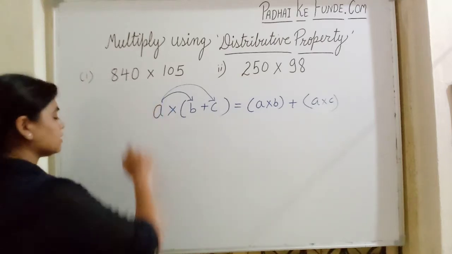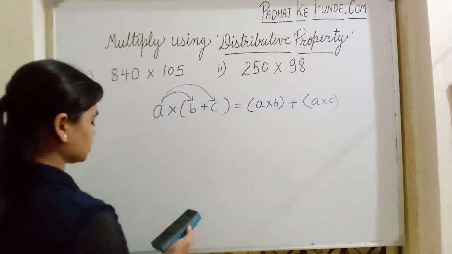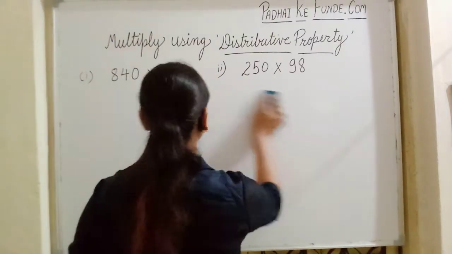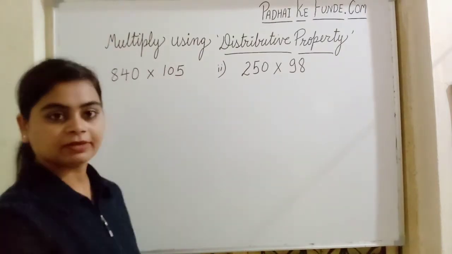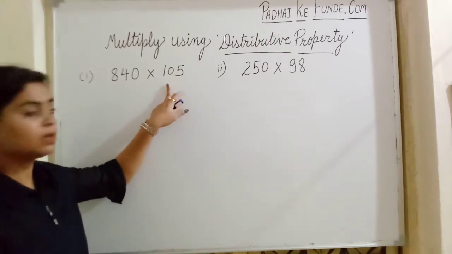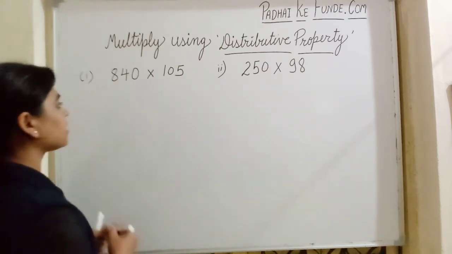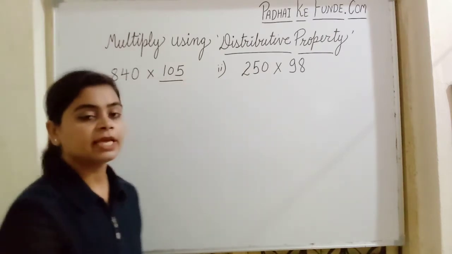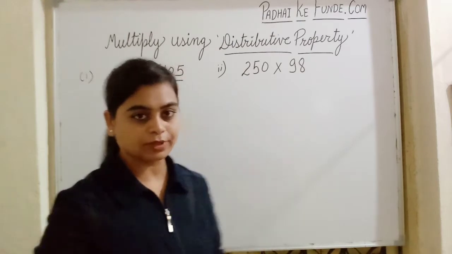So as we solve the first question, we can see we have two numbers, that is 840 and 105. Out of these two numbers, we have the number 105 which can be written as the sum of two numbers and we will get 100 also here.